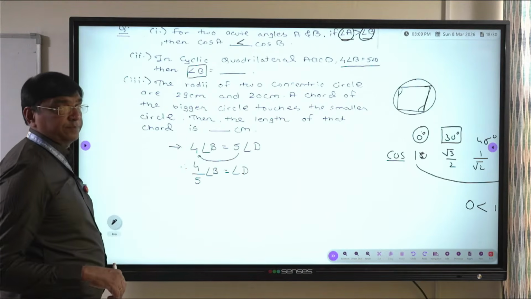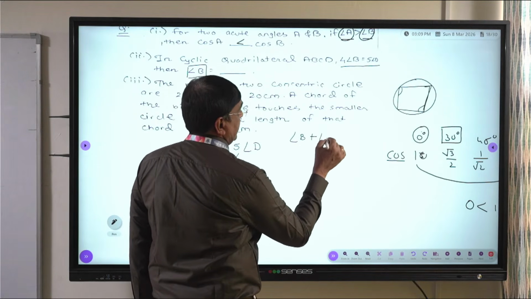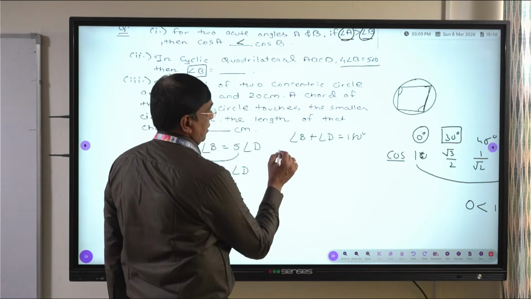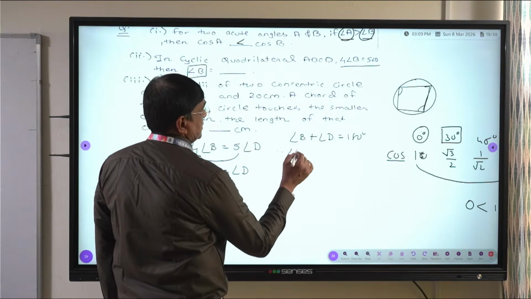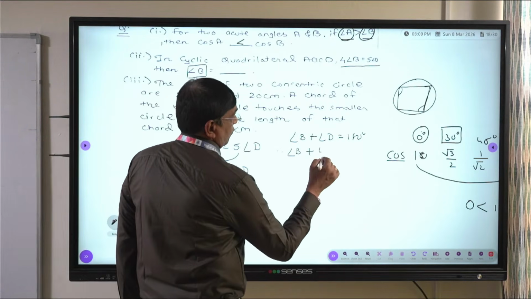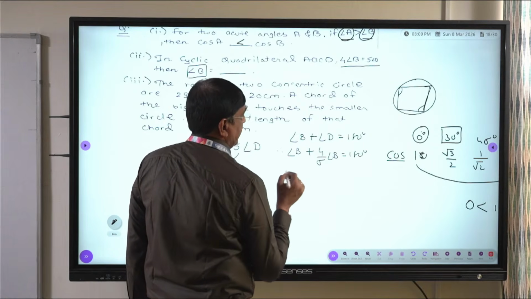Now angle B plus D equals 180, a property of a cyclic quadrilateral. B remains B, but instead of D we can write 4 upon 5 angle B, equals 180.